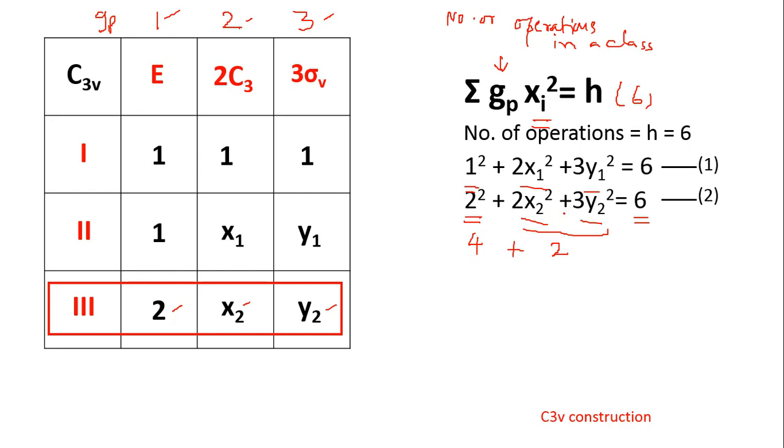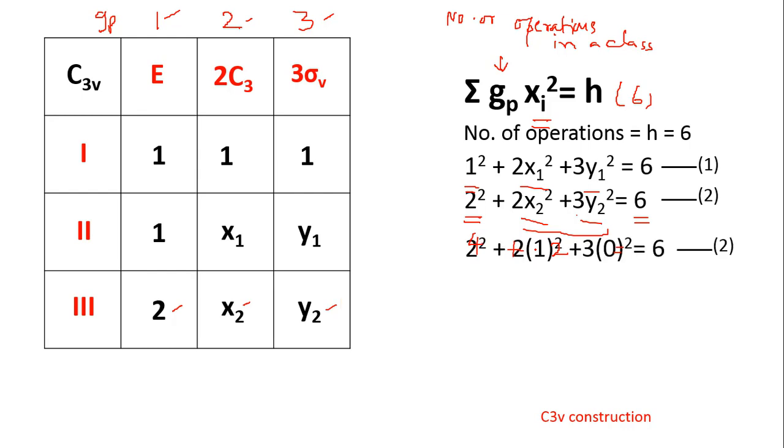Suppose x2 is 0 and y2 is 1, then we will get 4 plus 3 equal to 7. But if y2 is 0 and x2 is 1, we will get 4 plus 2 equal to 6. And so this will be true. Equation 2 will be true only when y2 is equal to 0. That's what is written here.